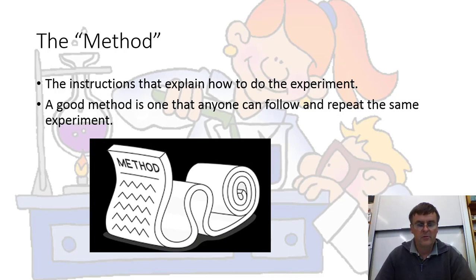If the other person following your method has to stop and ask you to explain or clarify something, then you need to fix your method. Your method should be able to be followed by anyone without them having to ask you anything. That's a good method.